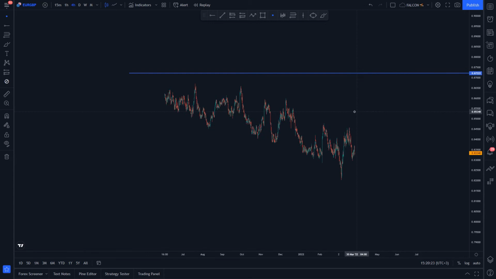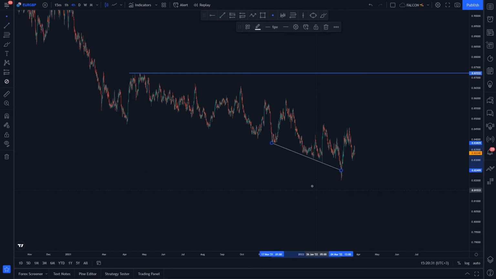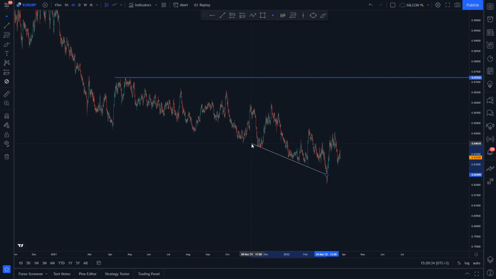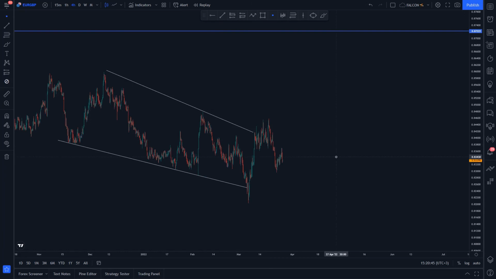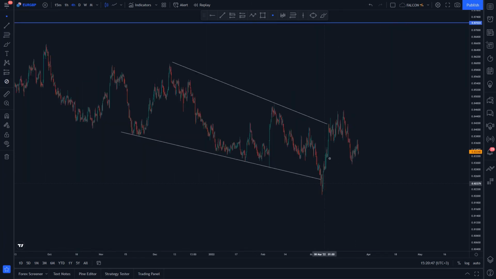Okay, so we had this pattern over here. 1, 2. You can see you have a 3-touch pattern over there. 1, 2. We had this third touch and the price pushed up aggressively, but we did not have a continuation correction over here for us to enter the market.